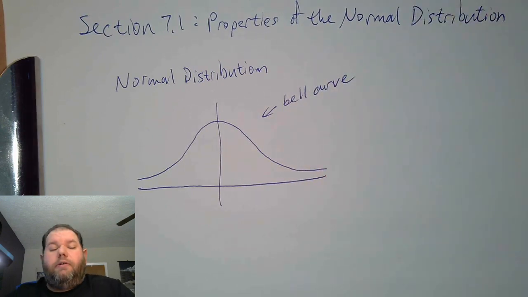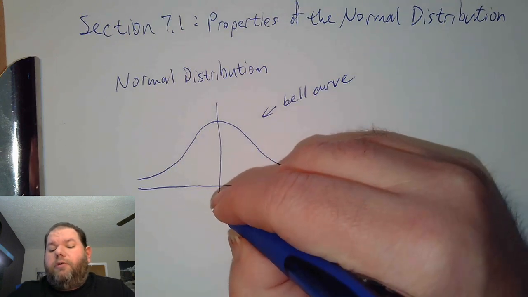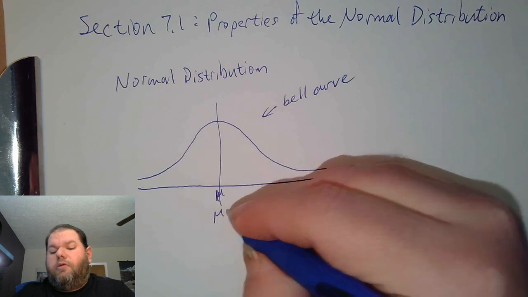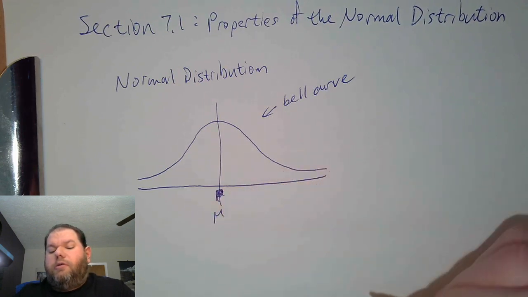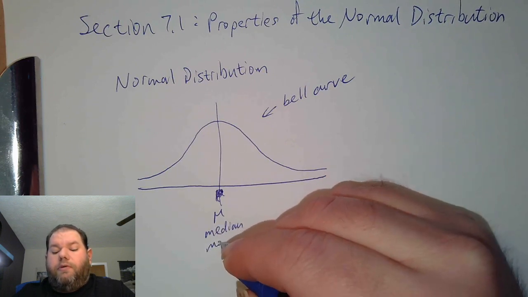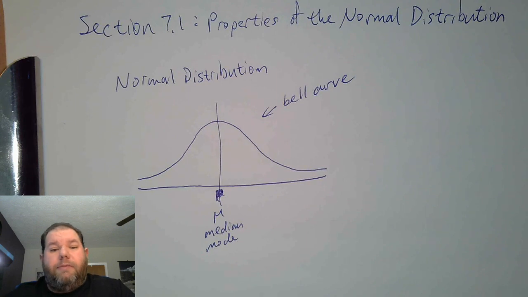And the idea is that right in the middle we have our mean, mu. And technically this is also the median and the mode. So we have our mean and median and mode all at the same point in the normal distribution, right in the middle at the high point of the curve. Now the area under this curve is equivalent to probability.